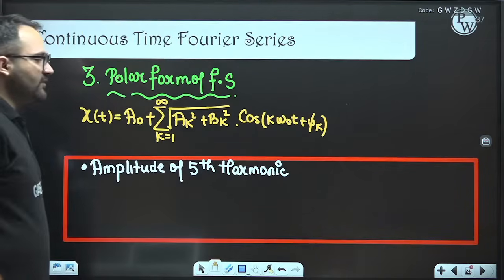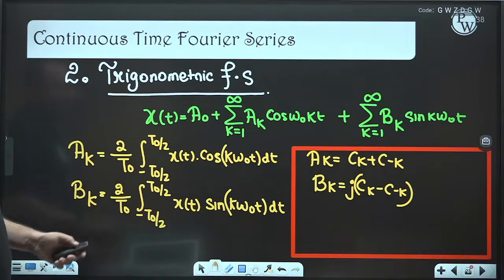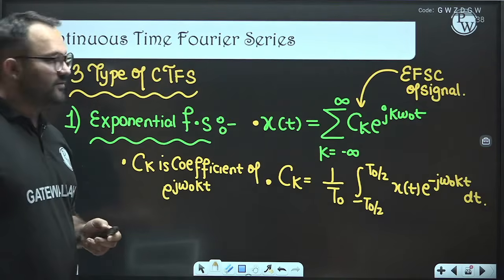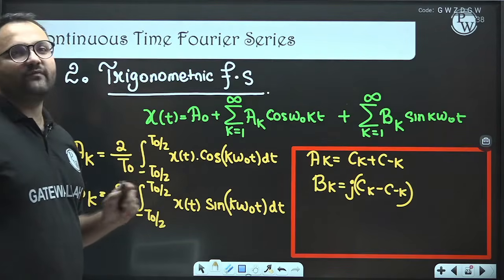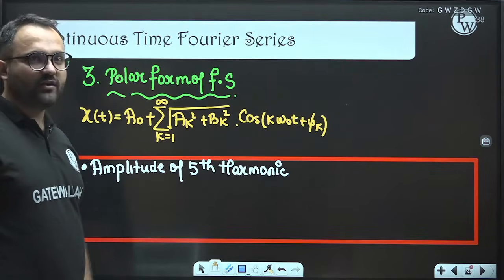Do we have to find out C5? Or do we have to find out A5 and B5? Or do we have to find this term for k equal to 5?